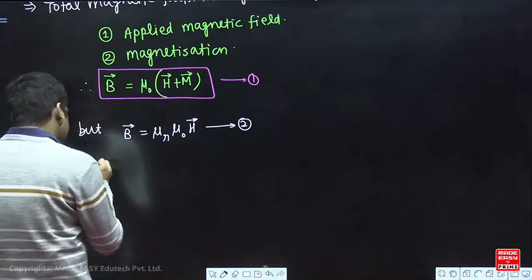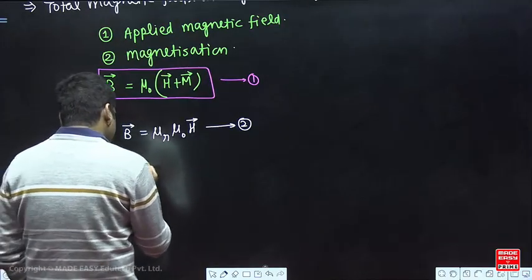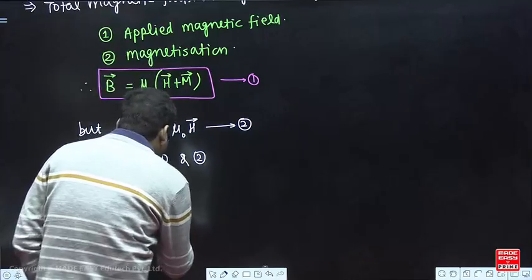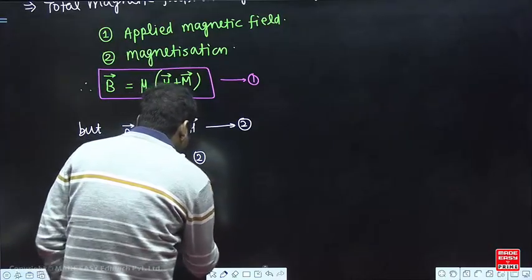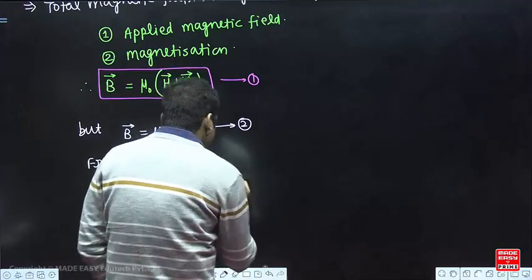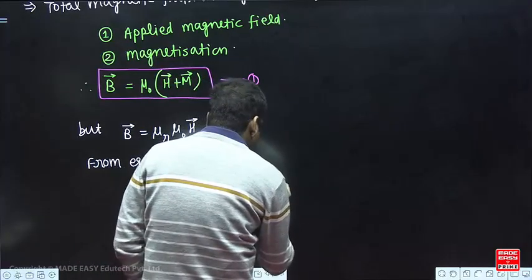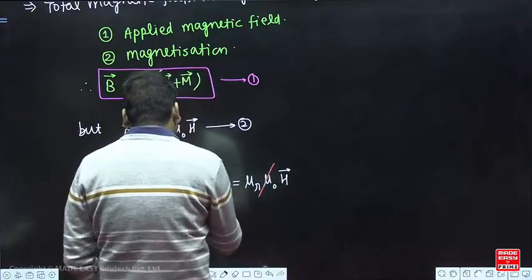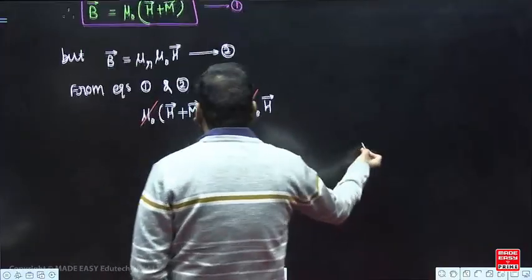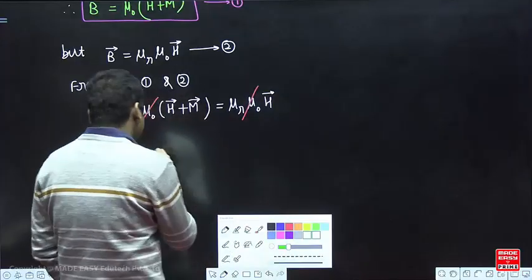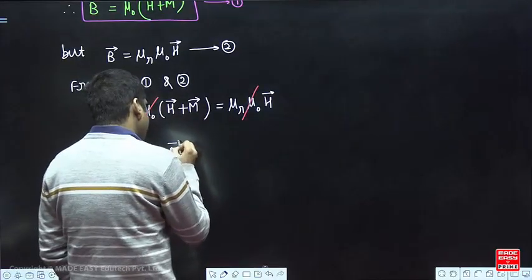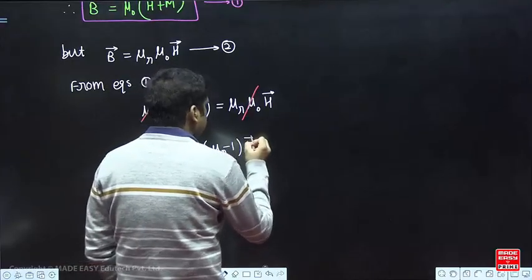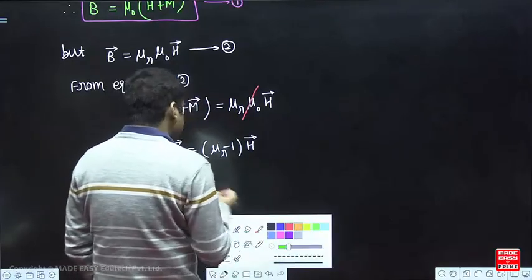So from equations 1 and 2, mu naught into H plus M is equal to mu r mu naught into H. Mu naught will get cancelled out. So from this it comes out as M is equal to mu r minus 1 into H. Very important relationship.